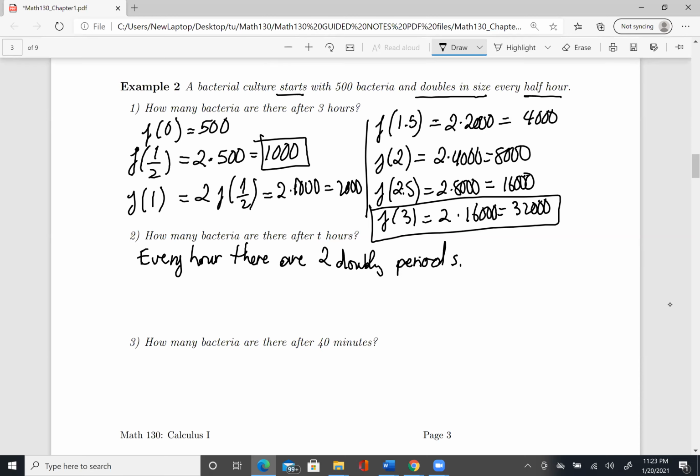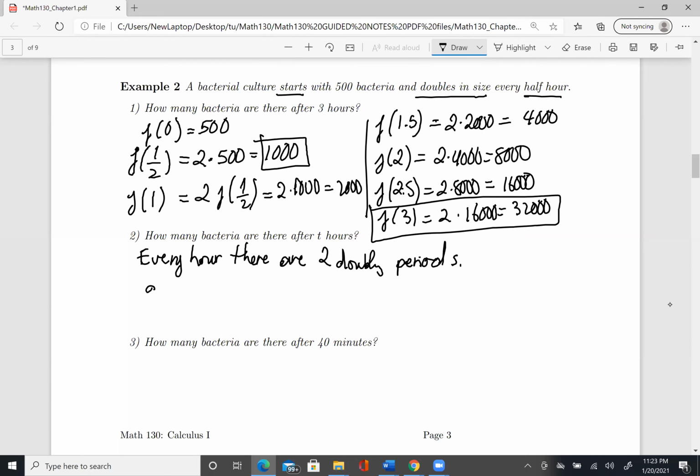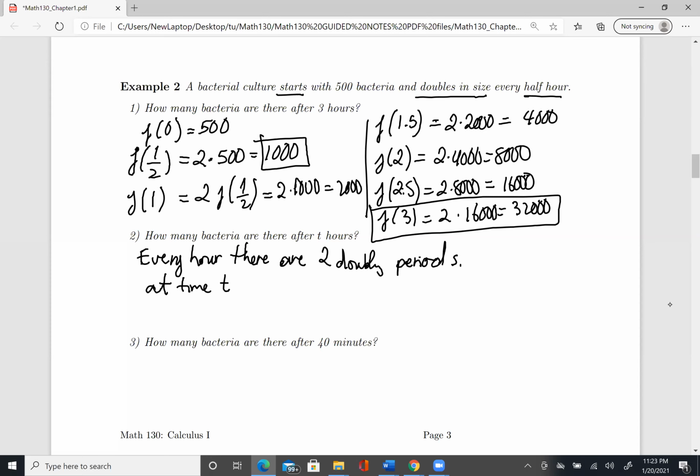So that means at time t, there are 2t doubling periods.